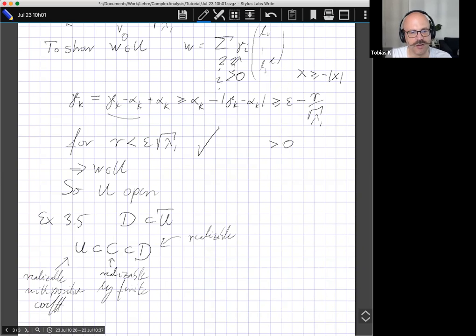Now I see that the closure of this one contains the largest of these, and so it means that U has to be the interior of C and also of D.